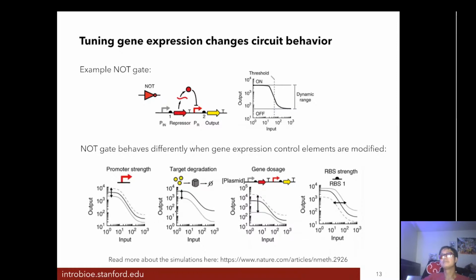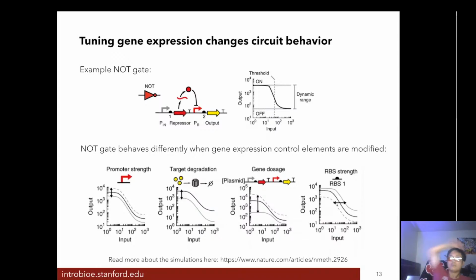The other things you can do are change the degradation rate of the fluorescent protein, let's say in this case. If you start increasing the rate at which this protein is degraded, let's say you put one of those degradation tags on, but not a very good one, just one that's kind of okay, you can reduce the amount of fluorescent protein that's stably produced in the cell at any time and shift this curve down.